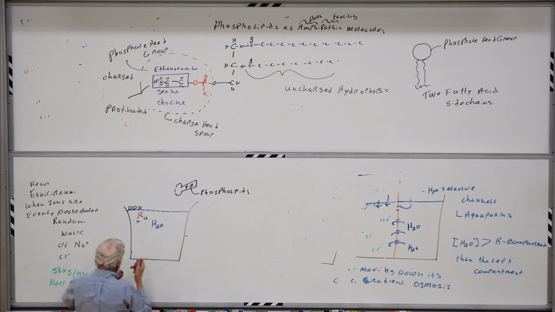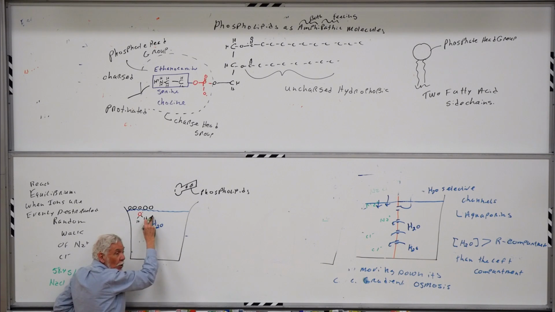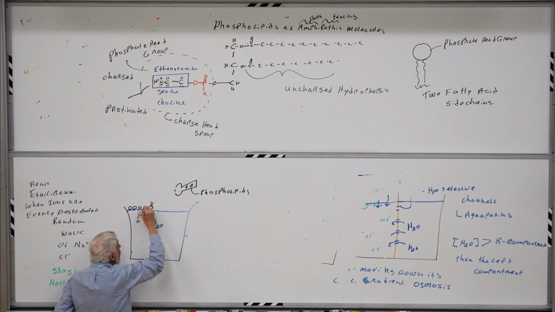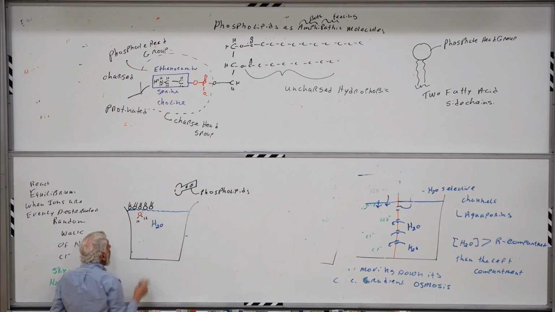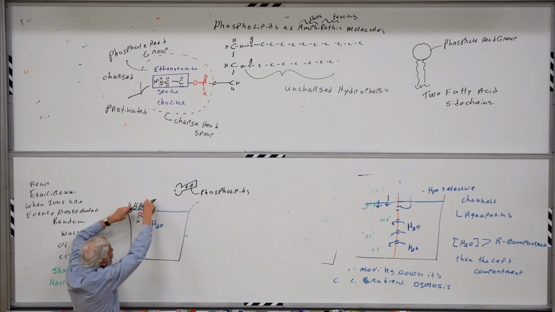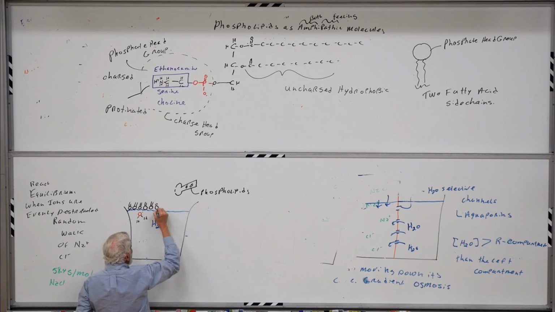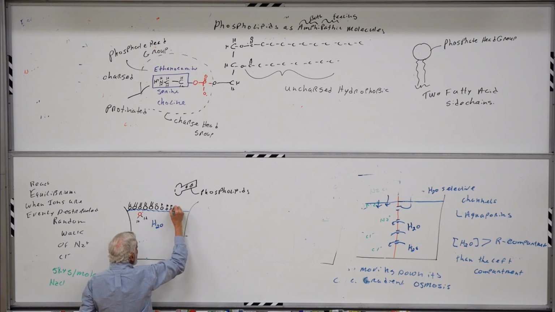But the tails, the lowest thermodynamic state for the tails is not to interact with water, so the tails will turn round. So by sprinkling these phospholipids on the surface of water, we can think about the idea of the phosphate head groups facing the water, but the tails turning away. And we'll effectively get a monolayer here of phospholipids on the surface of the water.